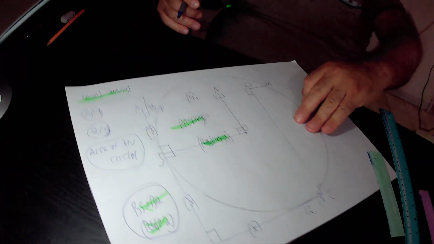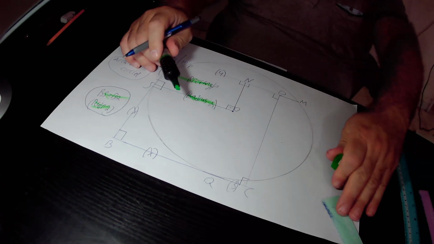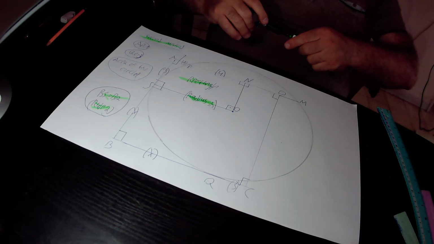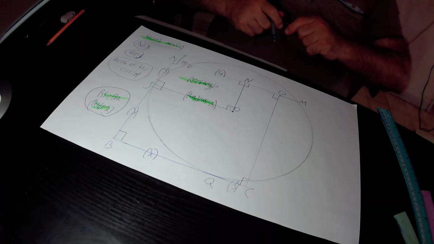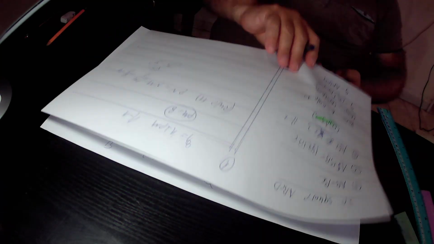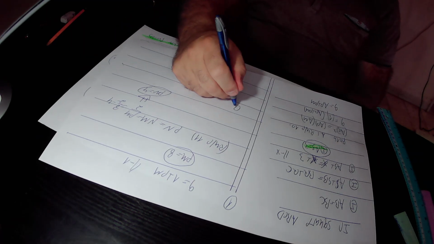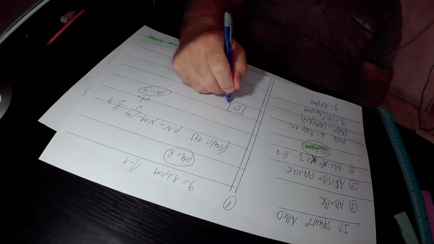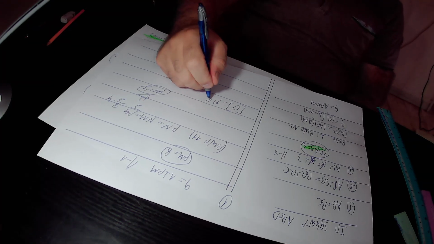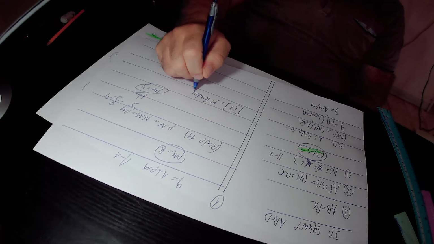Our mission is to find the area of this circle. Actually, the area of any circle equals pi times the radius of the circle squared.